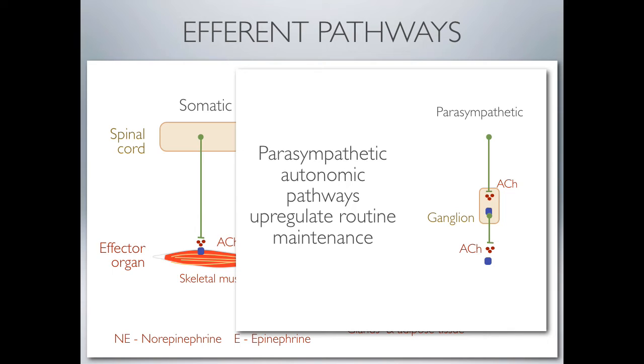The parasympathetic autonomic pathways upregulate routine maintenance: digestion, fat production, urination, the production of feces. These are things your body should not be focused on when chased by a bear, but they are perfectly normal physiological responses when you can be relaxed.